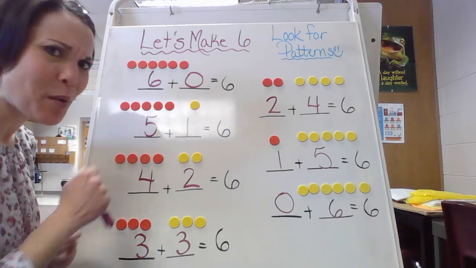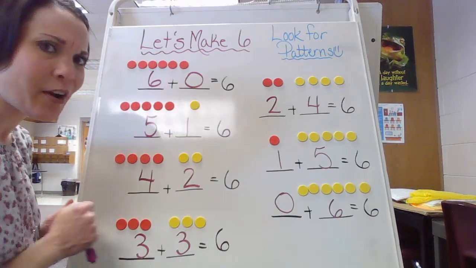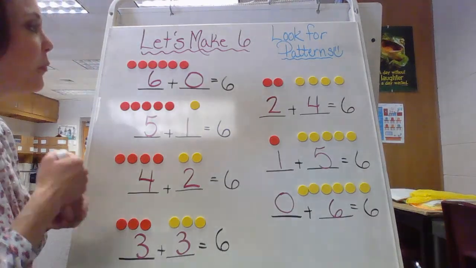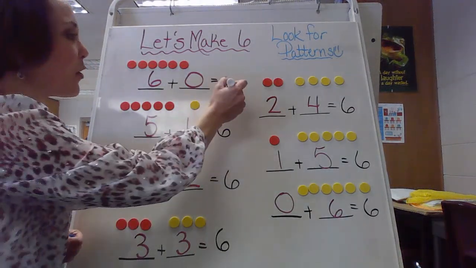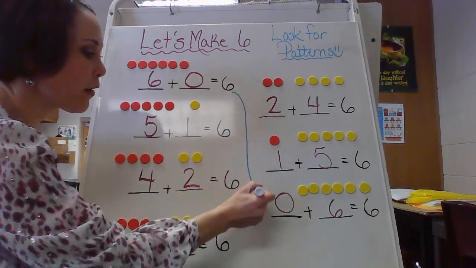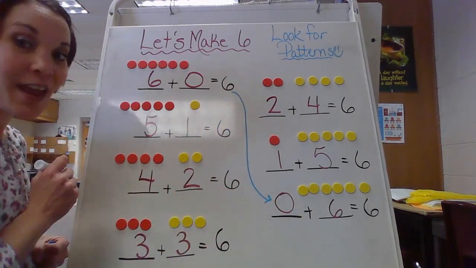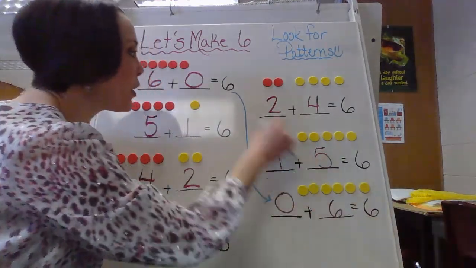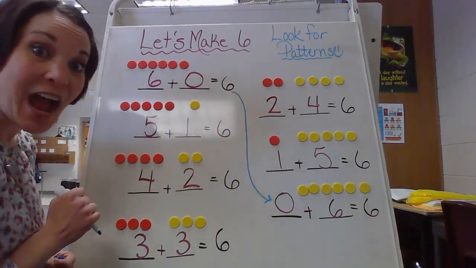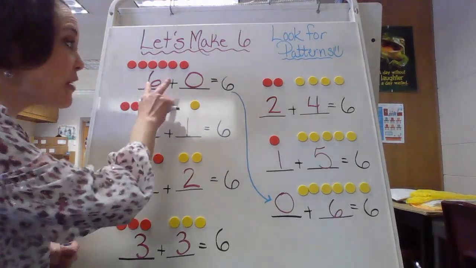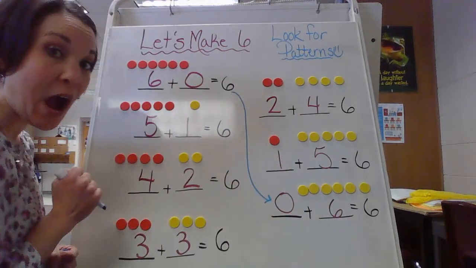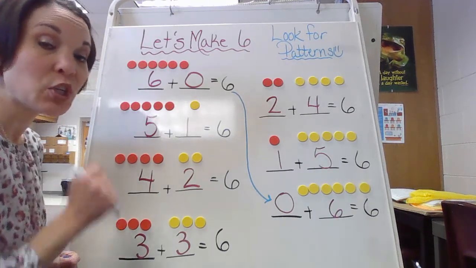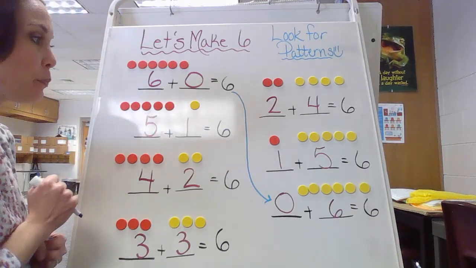Do we still have those same numbers on our chart here? Yes, we do. Let me change up my marker. I'm going to show you. From here to there. Notice 6 plus 0, 0 plus 6. Notice we still get 6 as our answer. Even though the numbers are switched around, you still get 6. You're still counting 6. Your total is still the same.